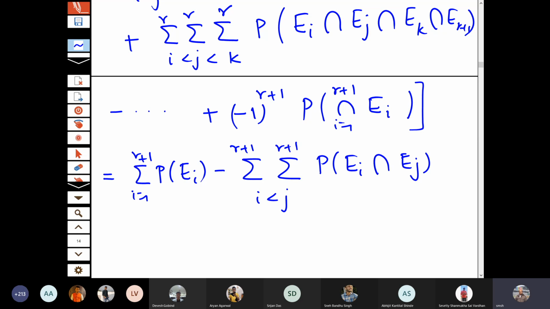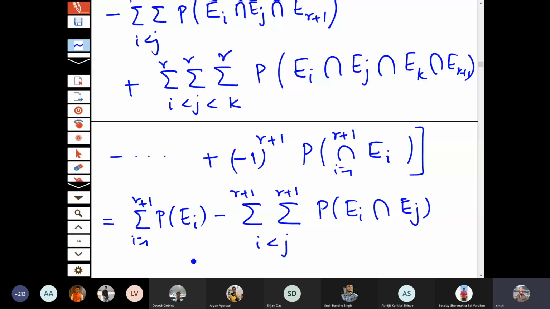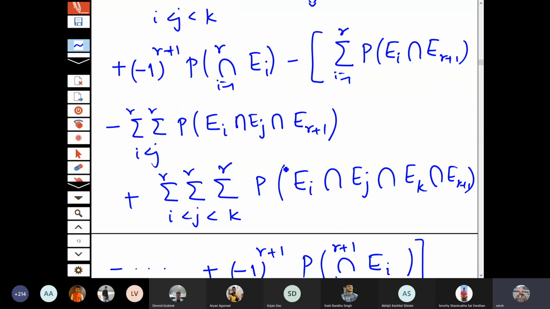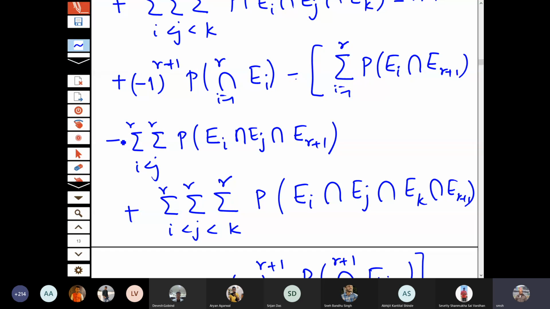Now let us look at the next one. Next one is here, double summation I less than J up to R probability of EI intersection EJ intersection ER plus 1. So what are the terms here? E1 intersection E2 intersection ER plus 1, E1 intersection E3 intersection ER plus 1, and so on. So taking 2 at a time, and with the third is ER plus 1, and the sign will become plus because this is a minus here and there is a minus here.